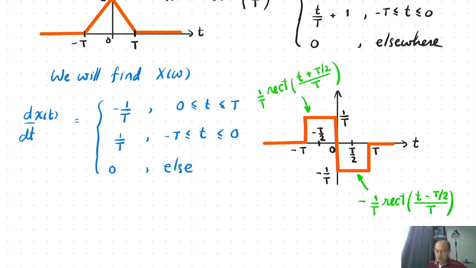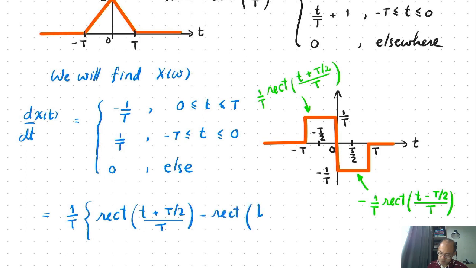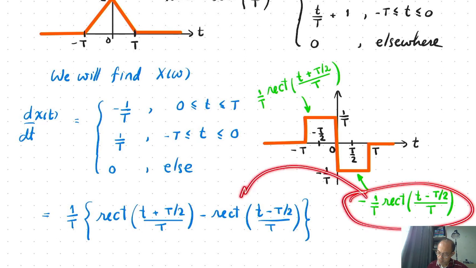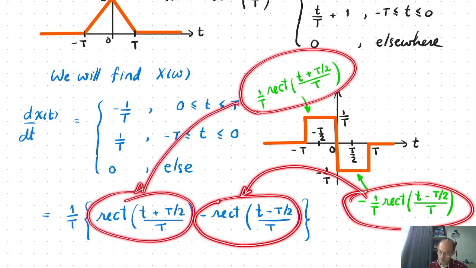So we plug it in, and we're going to get 1 over big T times rectangular of small t plus big T over 2 divided by big T, minus rectangular of small t minus big T over 2 divided by big T here. This one is this guy, whereas this one is this guy.